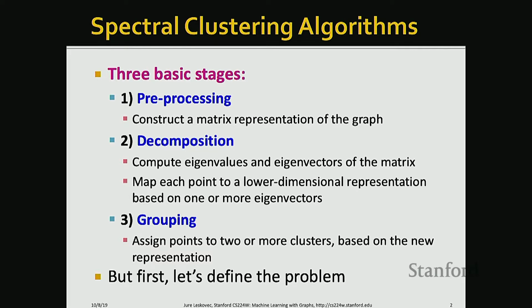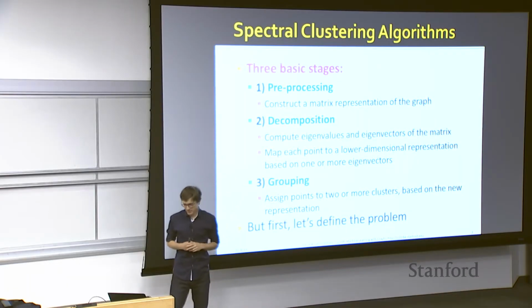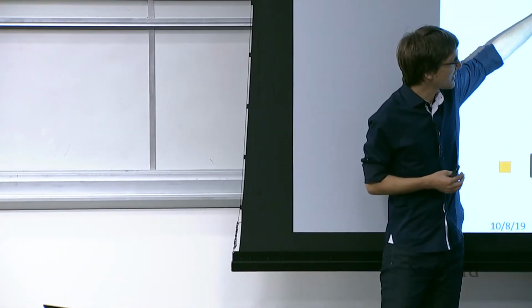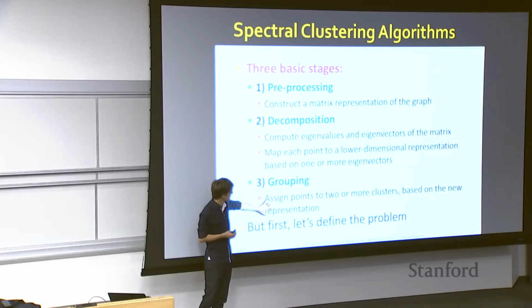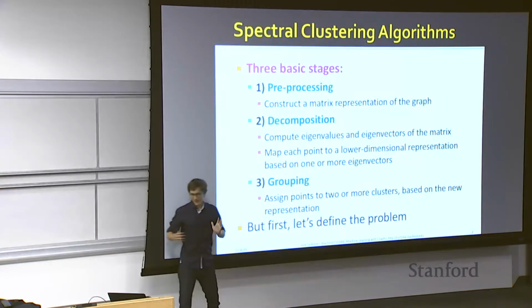We will go through 3 steps. First, pre-processing. Then decomposition, where we compute some eigenvectors and eigenvalues of some special matrices. And then, based on these eigenvector representations, we will do some kind of grouping. That's how the lecture will go.